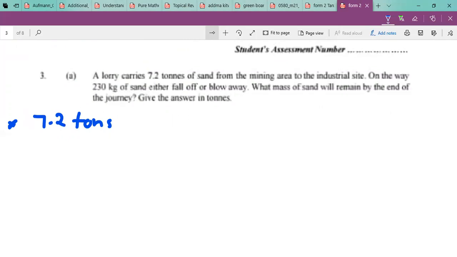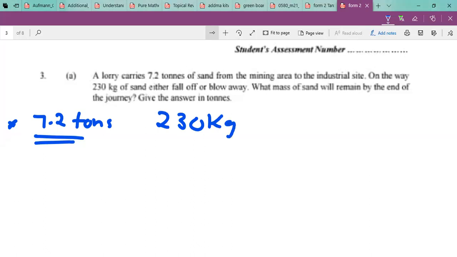On the way, 230 kg of sand either falls off or blows away. What mass of sand will remain by the end of the journey? Give answers in tons. So as you are starting, you have got 7.2 tons, but 230 kgs is swept away.